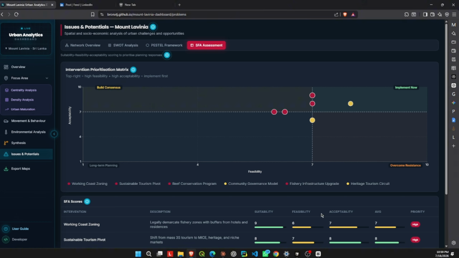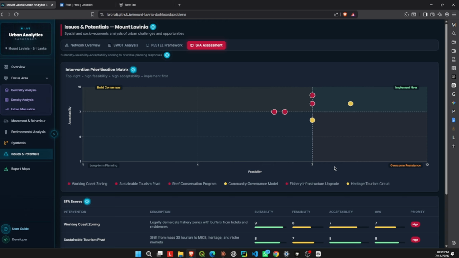Here you can see the intervention prioritization matrix. You can see 4 zones, right? Build consensus, implement now, overcome resistance, long-term plan. Implement now is easier and widely accepted, right? Build consensus is supported but hard to deliver, right?